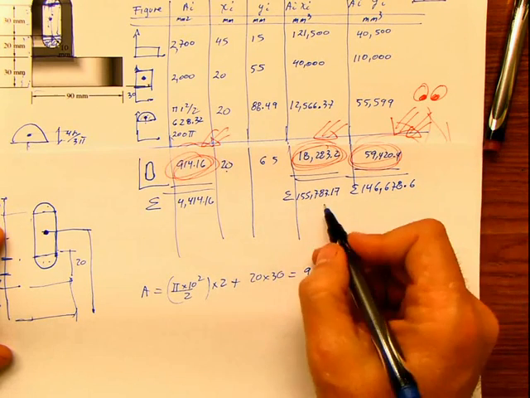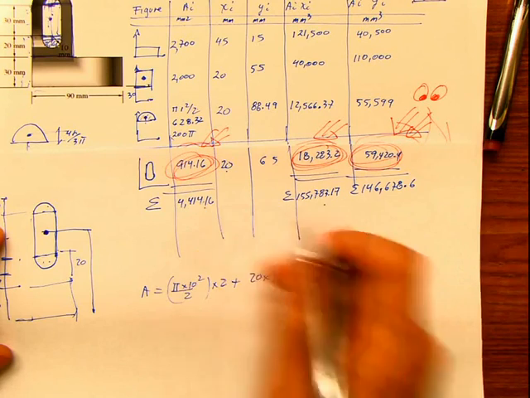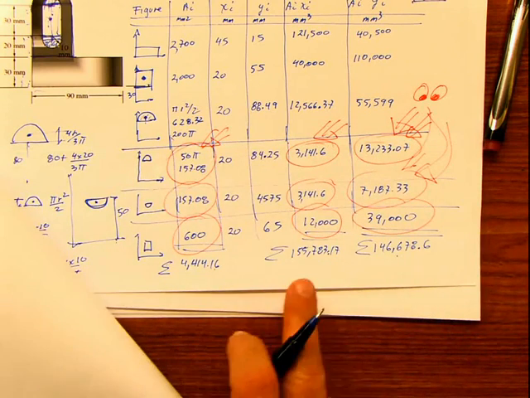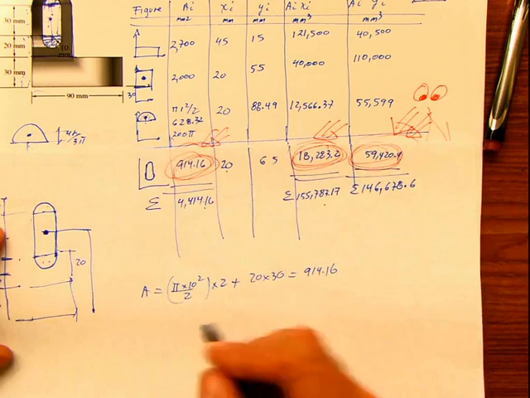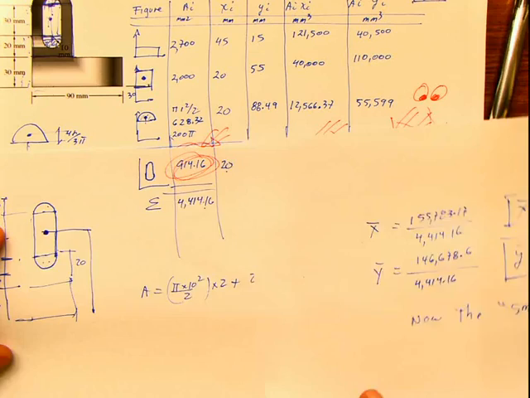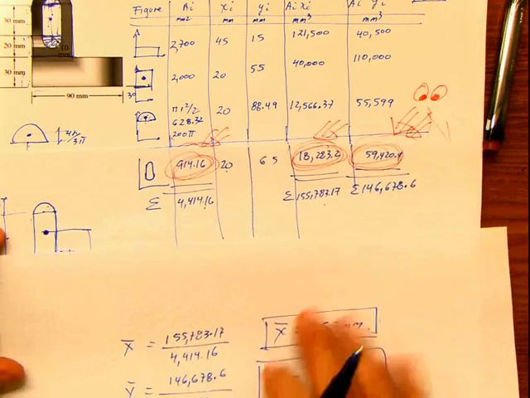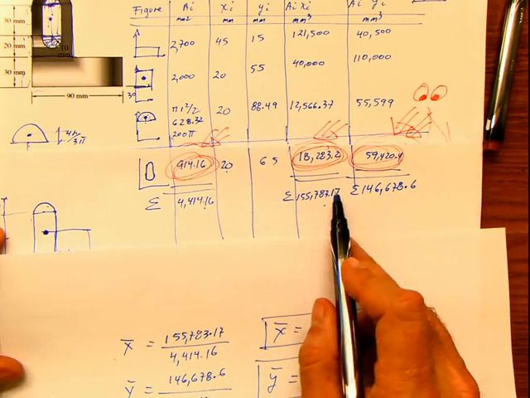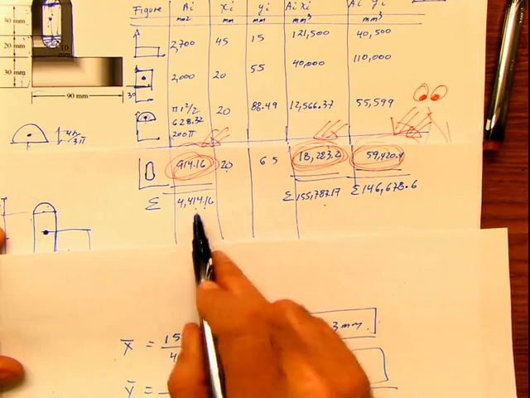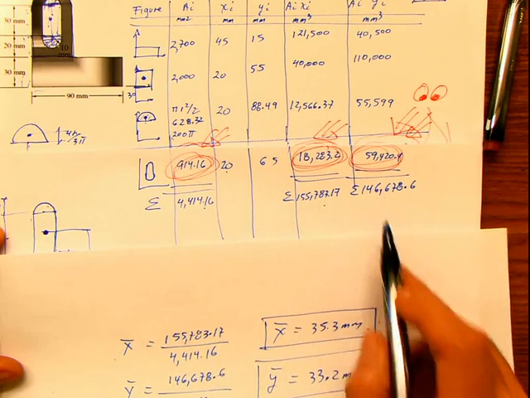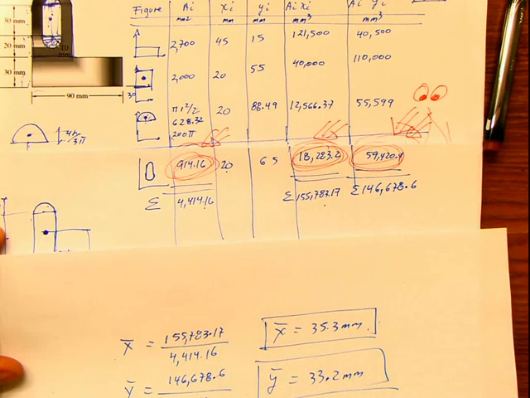X bar, this divided by this, which is the same that we did before. You can copy it again, but it's here. 155,783.17 divided by this, and this one is 146 divided by this, which is 33.2.